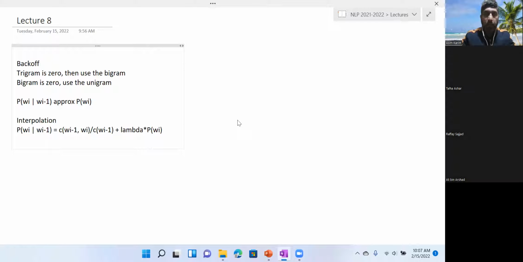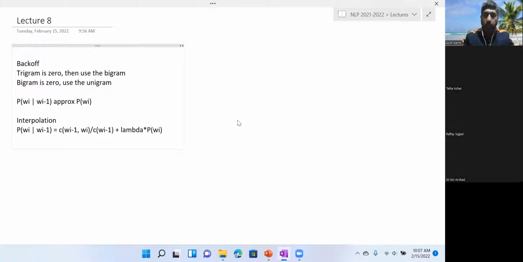So for a bigram, you're adding a weighted estimate of the unigram. If it was a trigram, you would start with the trigram, then add a weighted estimate of the bigram, then add a weighted estimate of the unigram. So it can be done recursively.